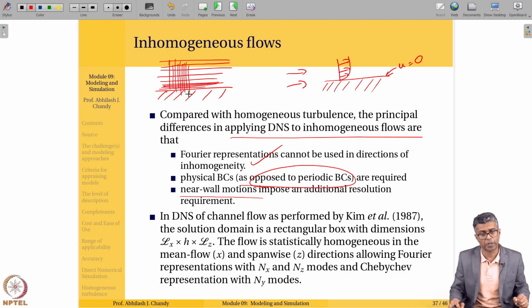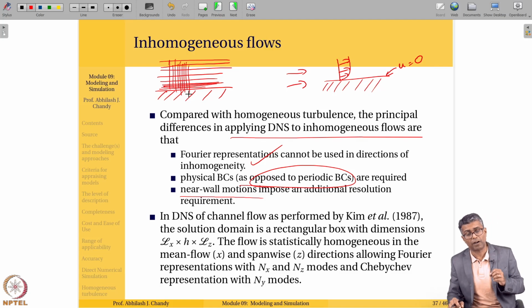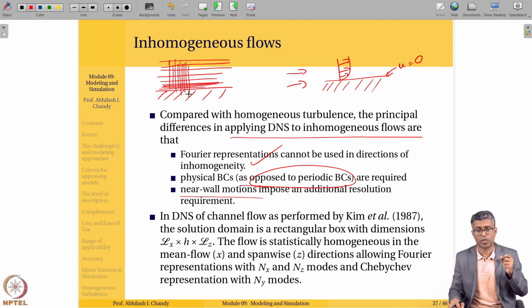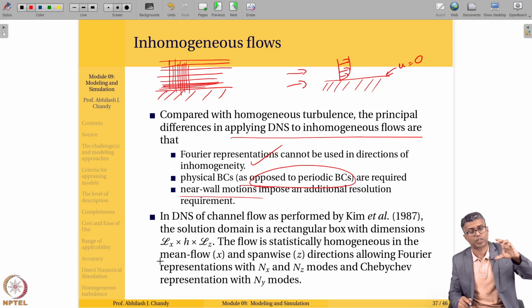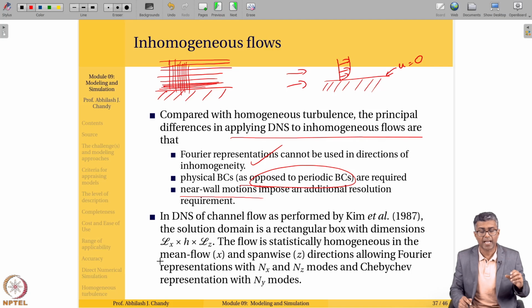So one additional point here, in DNS of channel flow, which was performed by Kim et al. in 1987, those are some seminal data that are still used for validation for different codes. What they did was they had a rectangular domain of the size Lx by h by Lz, where h is actually the channel width. Lx and Lz are the lengths in both the other directions.